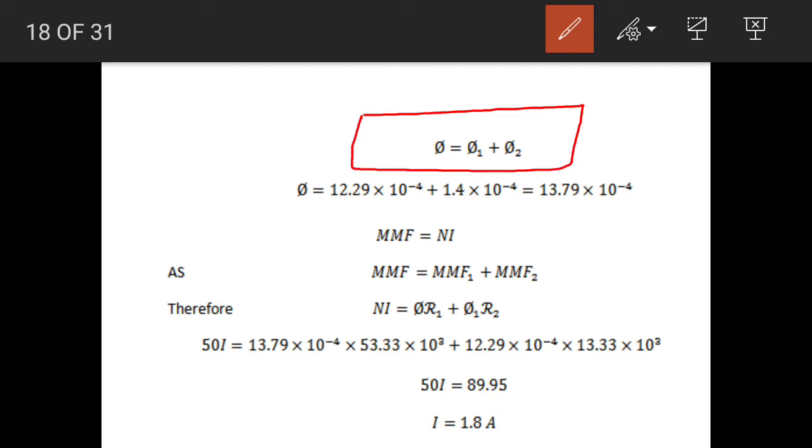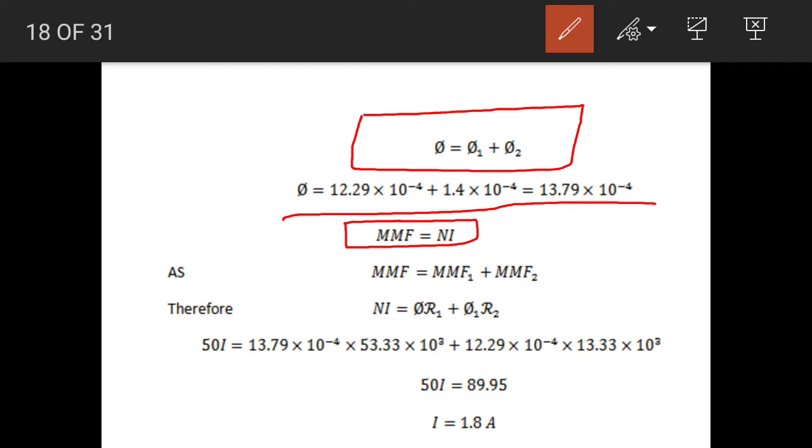We put the values on the right hand side of this equation and we get 13.79 into 10 raised to power minus 4 Weber. This is the total magnetic flux in this parallel magnetic circuit. We know that MMF in this parallel magnetic circuit will be equal to Ni.